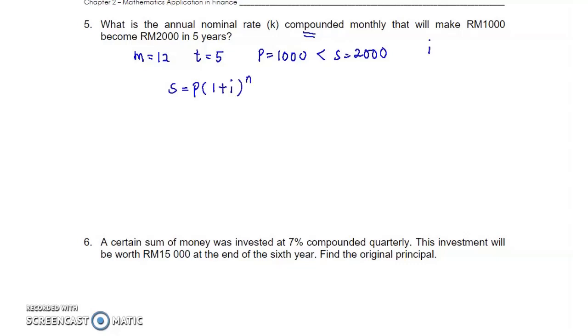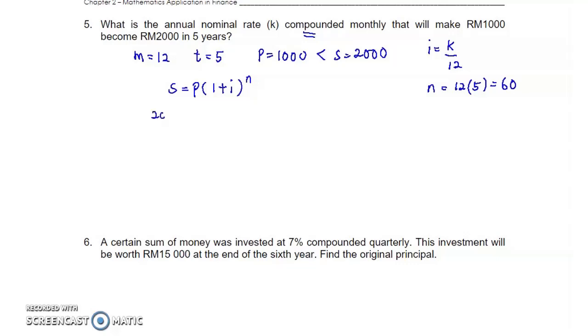As usual, you calculate i first. i equals K over M. Now we do not know what value K is, so just put it as K divided by M. M equals 12. n equals M times t, so 12 times 5 equals 60. Substitute the values.